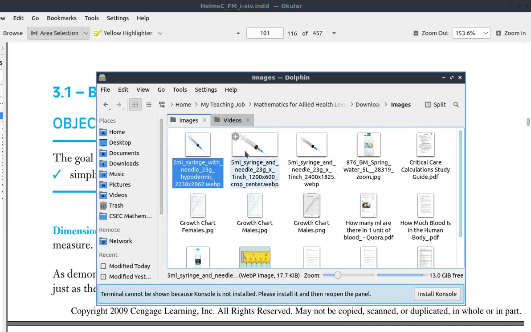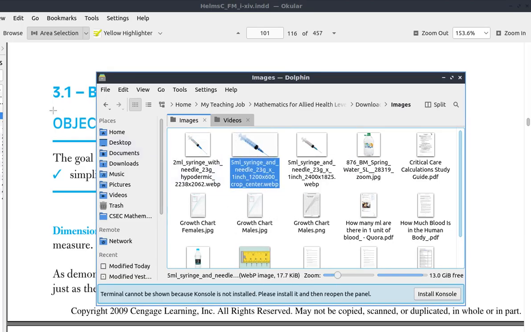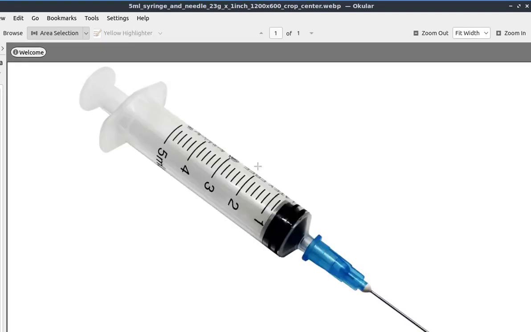I was trying to copy the syringe here, but that didn't work out. Let's look at this syringe as well. This is a 5 milliliter syringe.